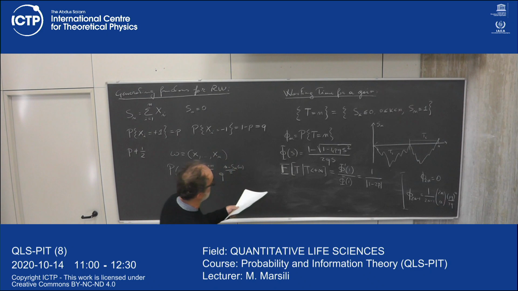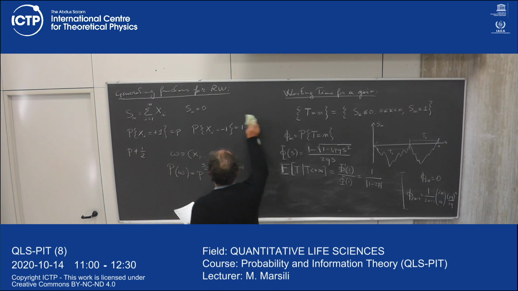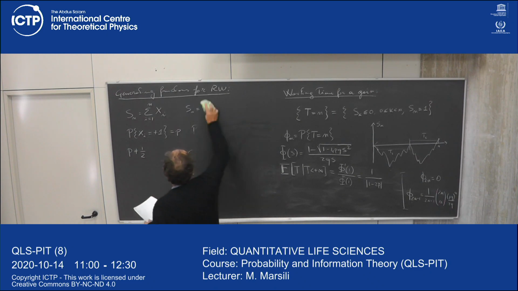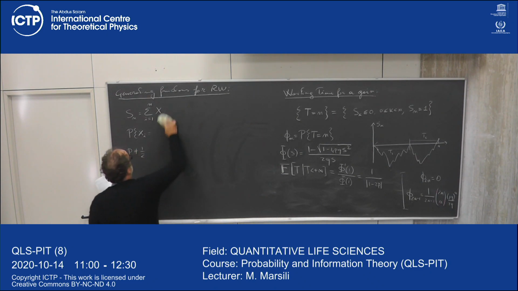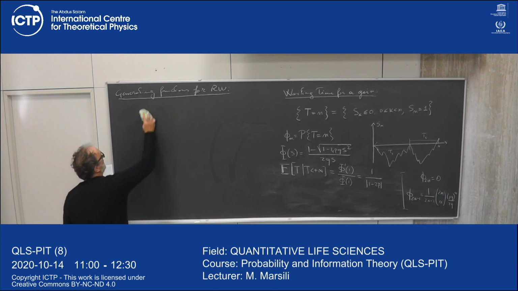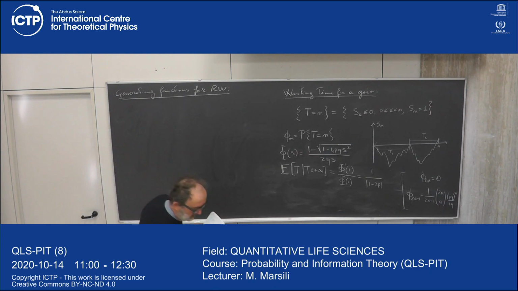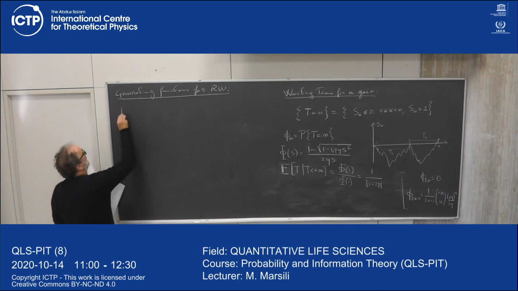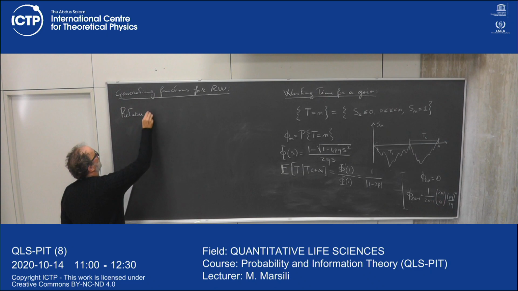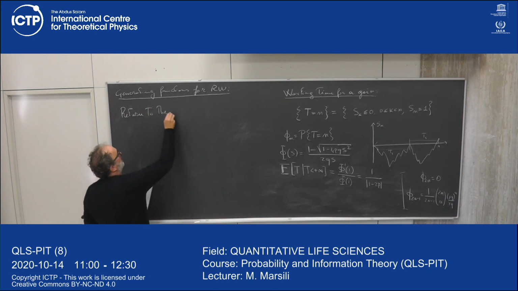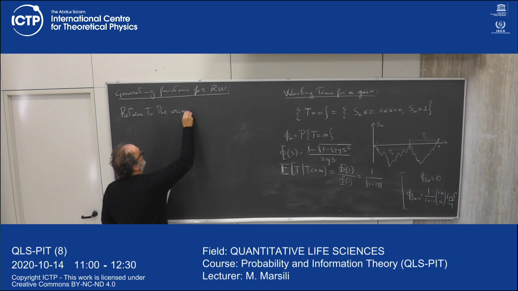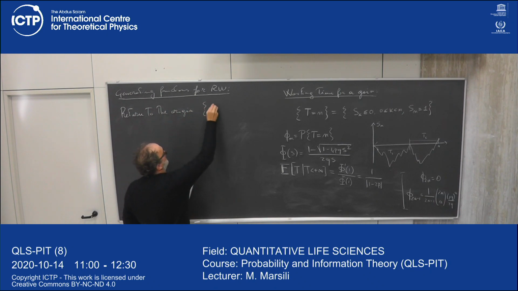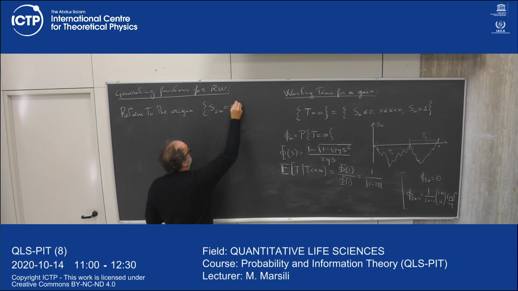Okay, very good. So let's now use this technique to study returns of random walks. I remind you that a return to the origin is the event that S2n at time 2n is 0.